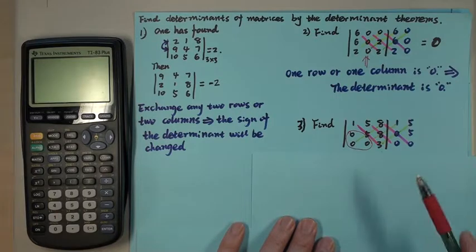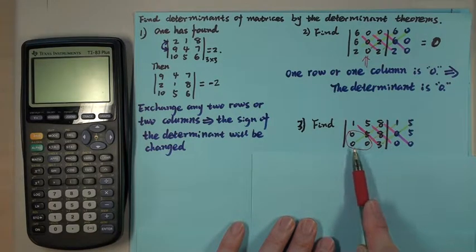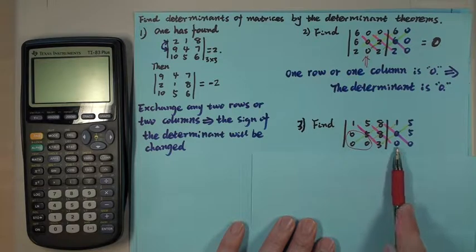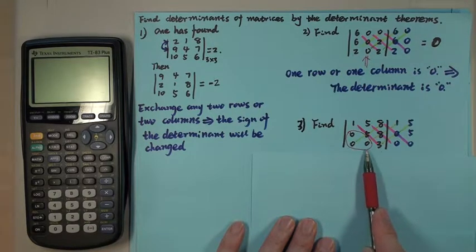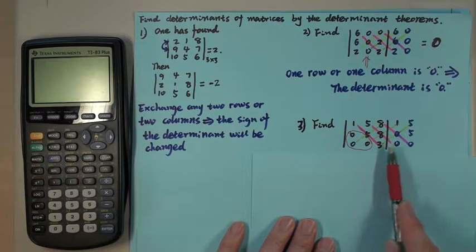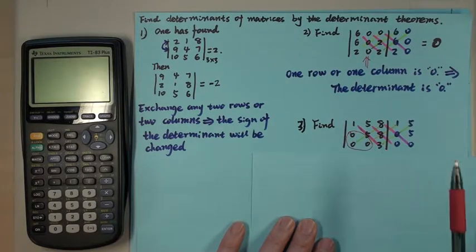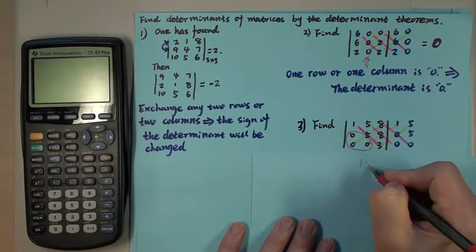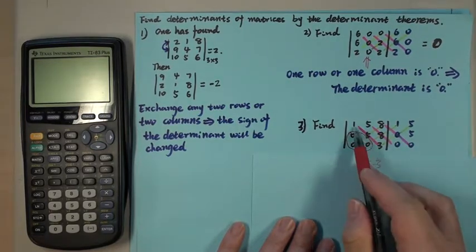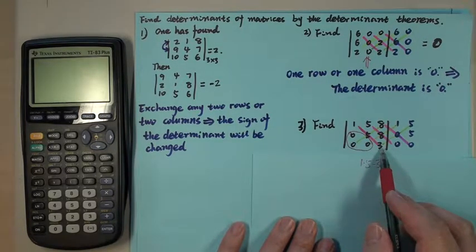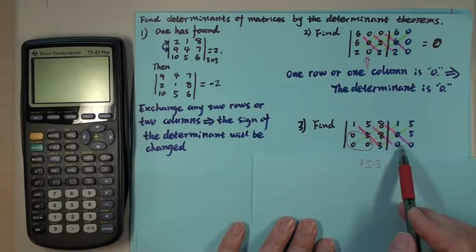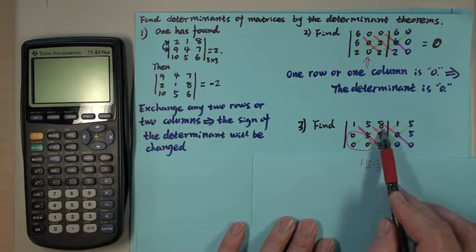Of course, you may write column 1 one more time, column 2 one more time here, and calculate. Then you will see 1, 5, 3, which is the product of this diagonal. Then you have 5, 8, 0, you get 0, because the product contains a 0. And then 8, 0, 0.